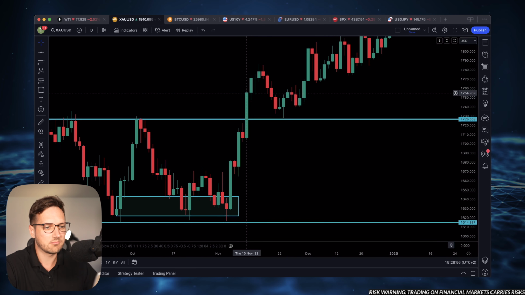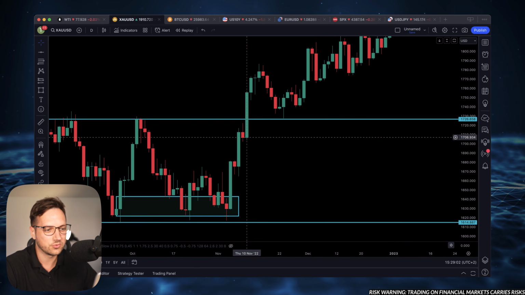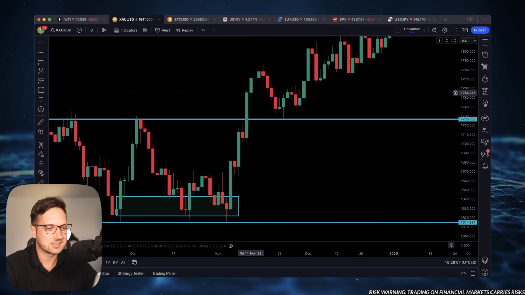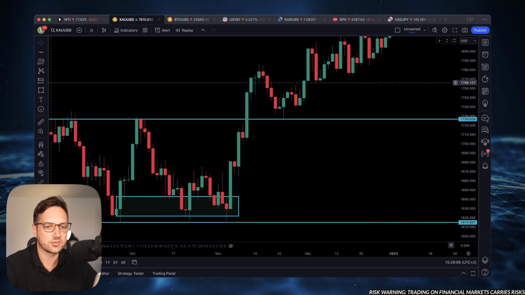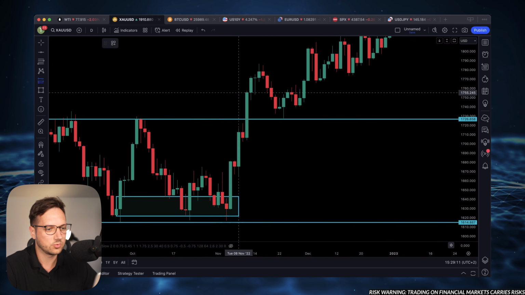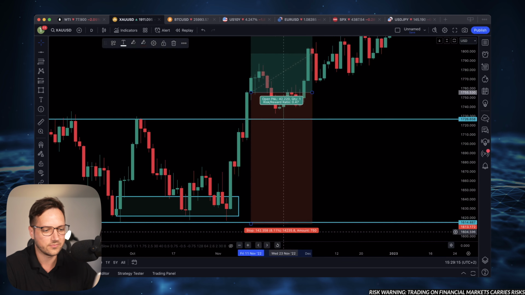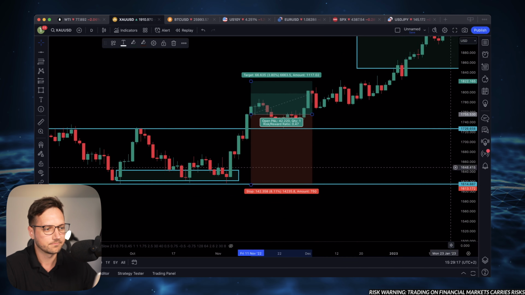But we kicked out of it, in this situation with a very big green candle, with a big body. Therefore, for us, the next point over here is our entry level, which is the opening of the next candle. And again, we are looking for the stop loss over here.